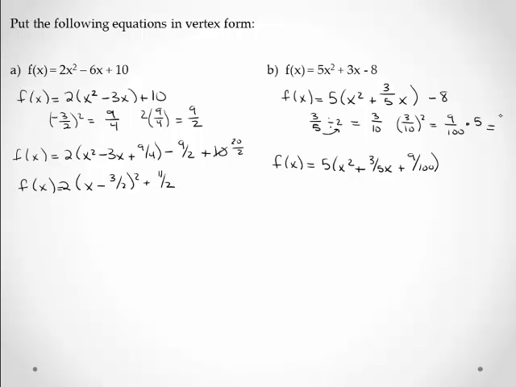So that's going to give me 9/20 because 5 goes into 20 once. So I have to subtract 9/20, and then I have -8. 8 is the same thing as 160/20. So I have 5 times (x plus 3/10) squared minus 169/20.